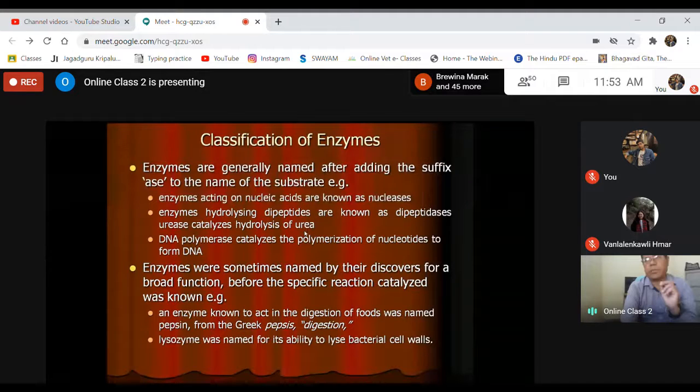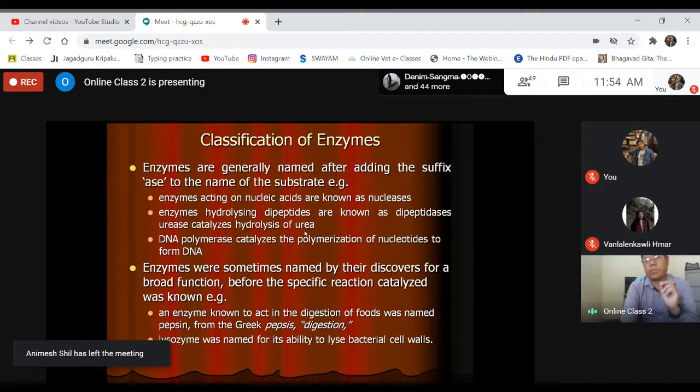The urea is hydrolyzed, the substrate is urea, so the name of the enzyme is urease. DNA polymerases catalyze the polymerization of nucleotides to form DNA. Polymerase indicates that it is polymerization. So what polymerization is going on?